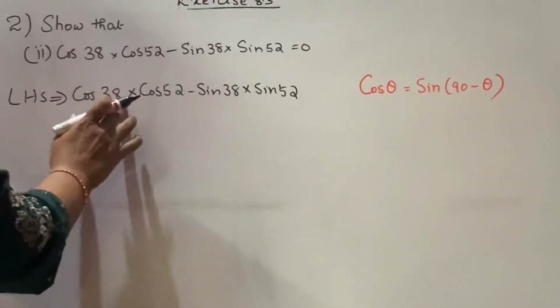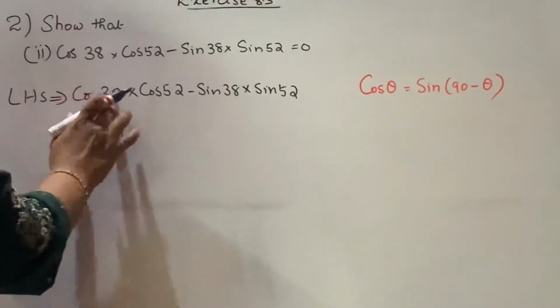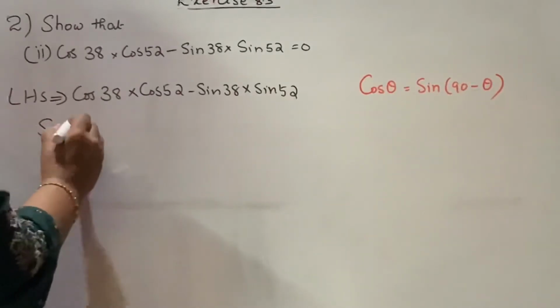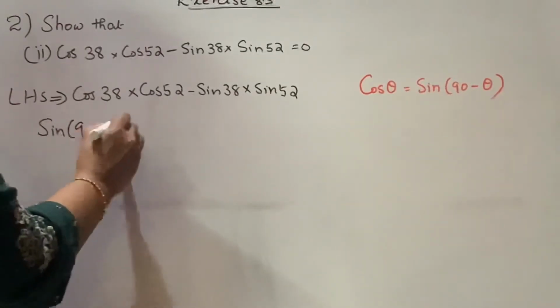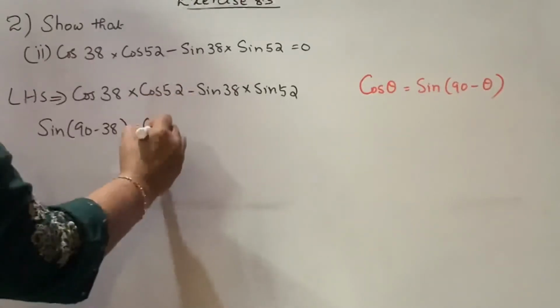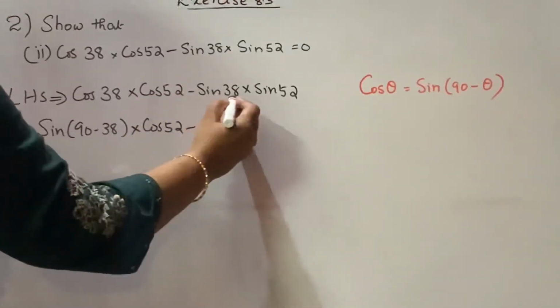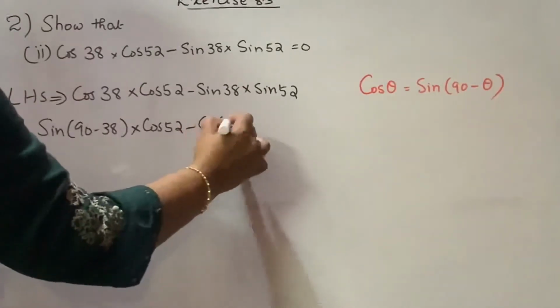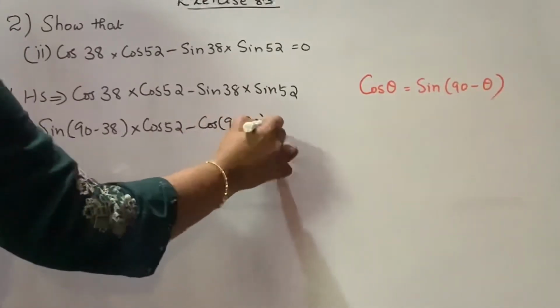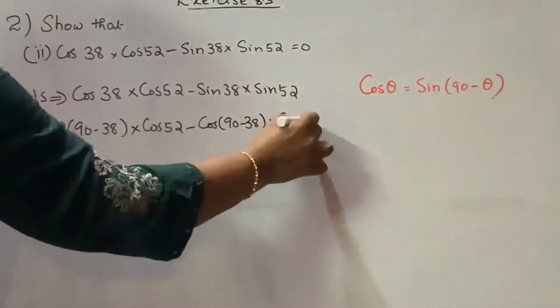cos theta is equal to sin of 90 minus theta. So here I can write sin of 90 minus 38 into, ഇതിനെ ചേഞ്ച് ചെയ്യരുത്, cos 52 minus sin theta is equal to cos of 90 minus 38 into sine 52.